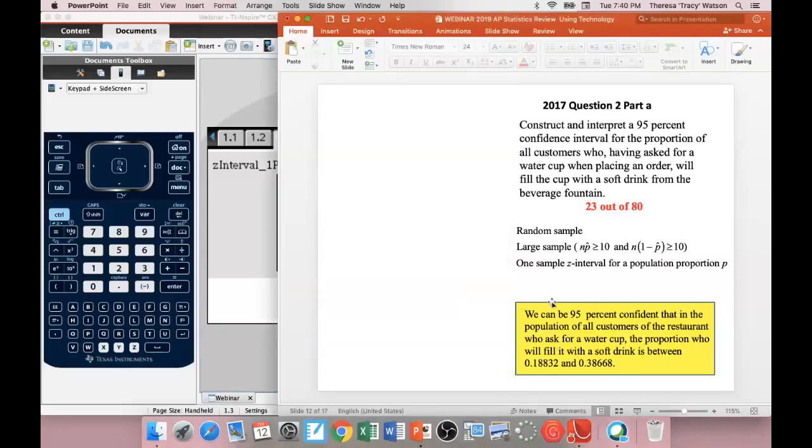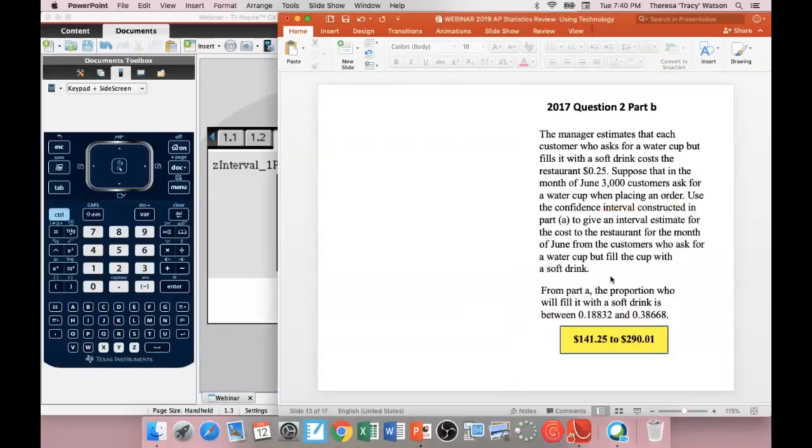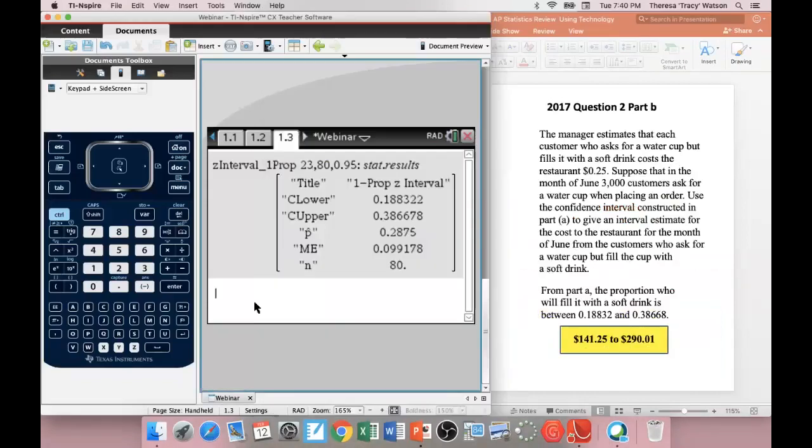Okay, now the other part of it. Let's go to this part. Let's see if I can get the same answer for, okay, we have these people that are not being honest, even though, again, probability of a success. How much is it actually costing the business if this is what the range is of the truth of people who are putting soda in their water cups?